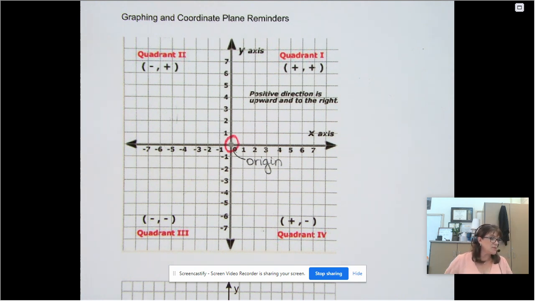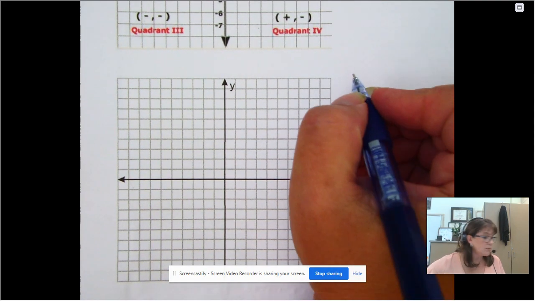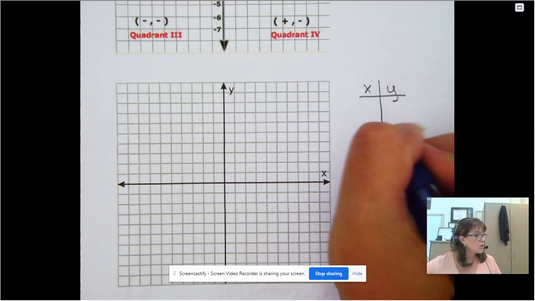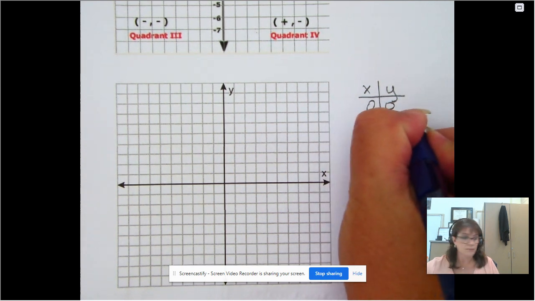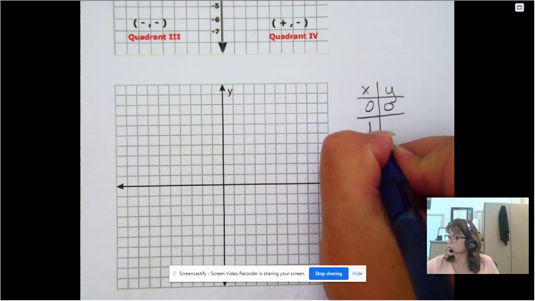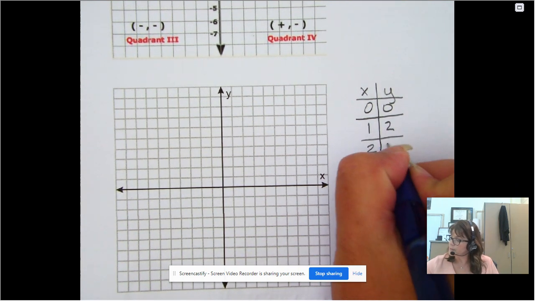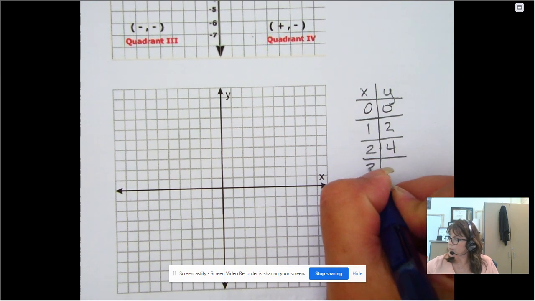Now, how do we use this? Well, let's just say, for instance, that we have a table. And this table, x, y, shows the relationship between some numbers. 0, 0, 1, 2, 2, 4, 3, 6.